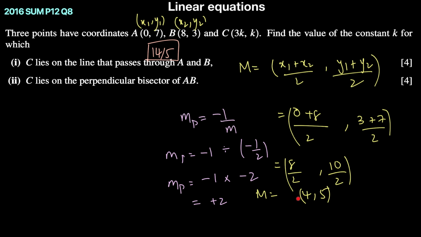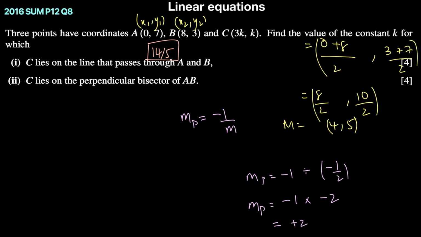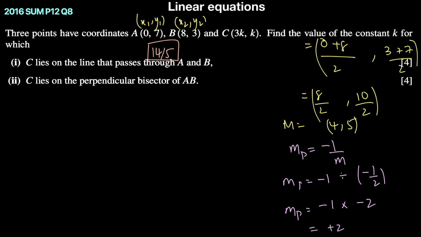So now we have a known point and we have the slope of this perpendicular line. So now I know that the linear equation for this perpendicular bisector is y is equal to mx plus c, and I know that y is equal to 2x plus c. Now, if the point M, which was the midpoint of AB, lies on this line, then these coordinates should satisfy this linear equation.